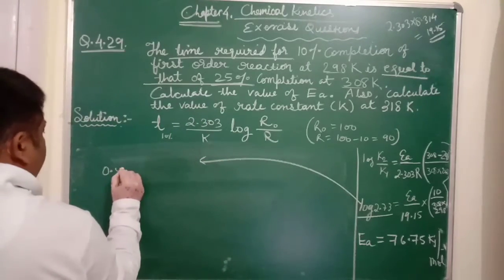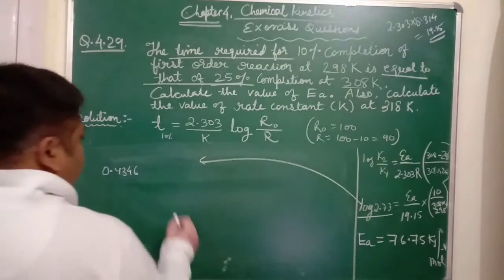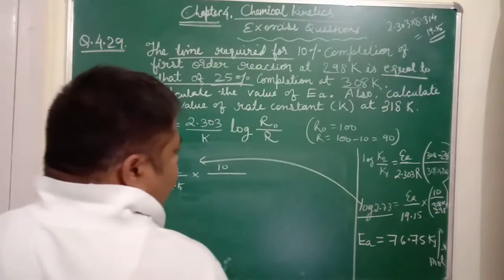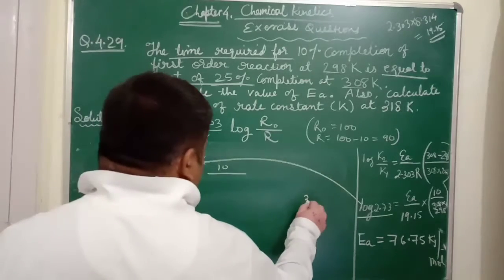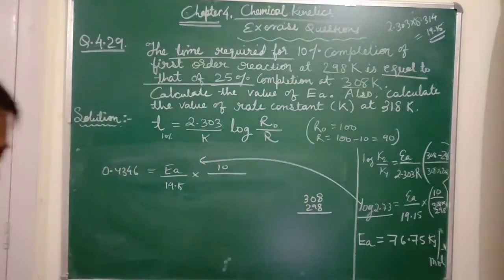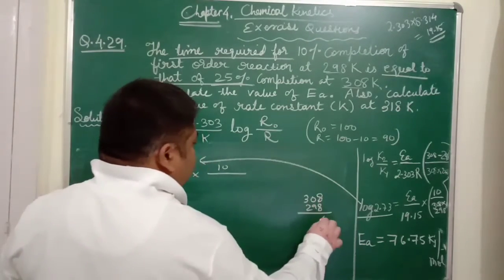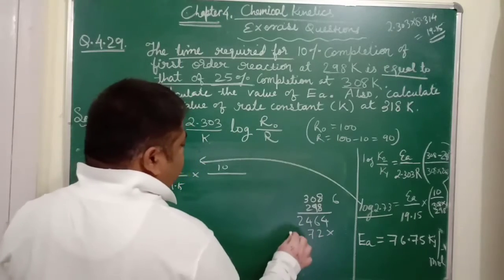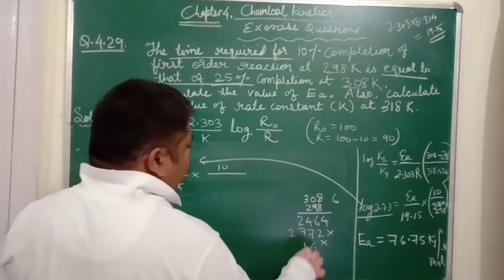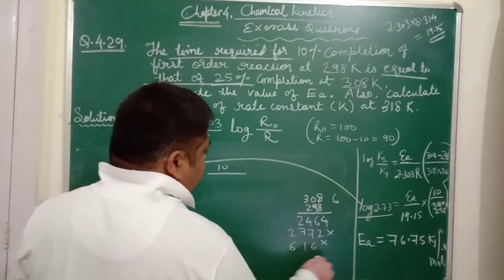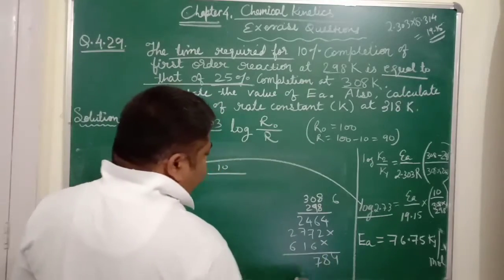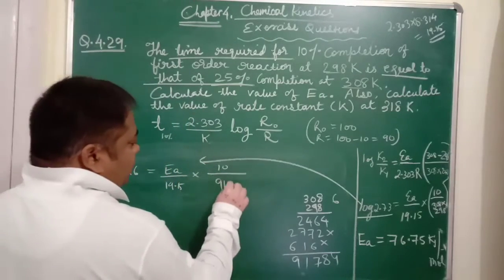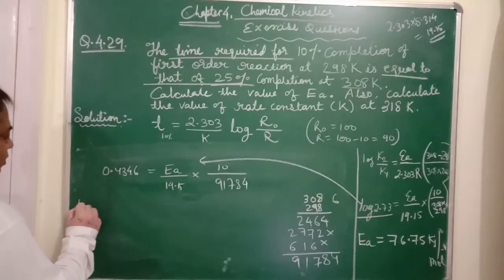This value 0.4346 is equal to Ea by 19.15 multiplied by 10 multiplied by 308 into 298. Let us multiply 308 into 298. So 91784.